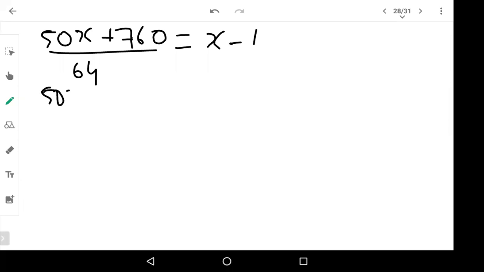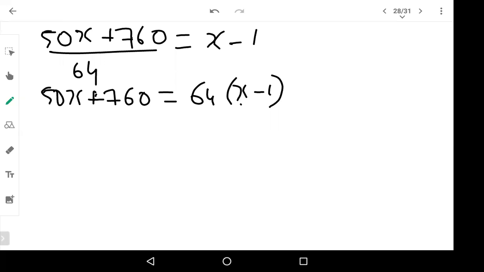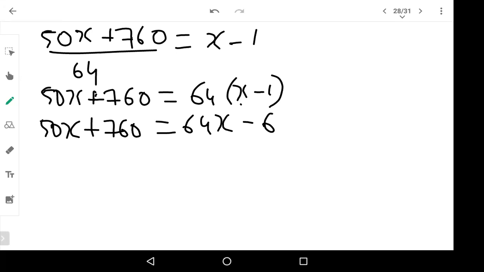So 50X plus 760 is equal to 64 into X minus 1. So 50X plus 760 is equal to 64X, and 64 into minus 1 is minus 64. Can you find the value of X now quickly?